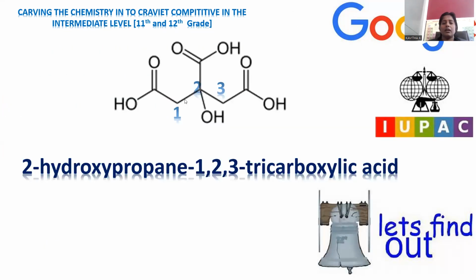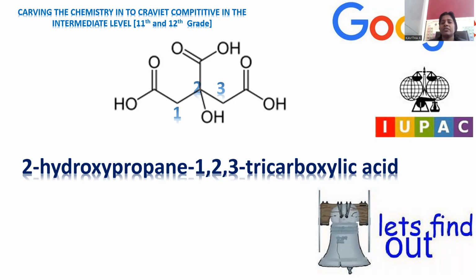So we will see how we can assign numbering for this one. In general, whenever the given organic compound has the highest priority group on one side, the numbering will start from that end only. And always the carboxylic acid carbon will be taken into consideration in the parent chain. So that is the general protocol we will follow.